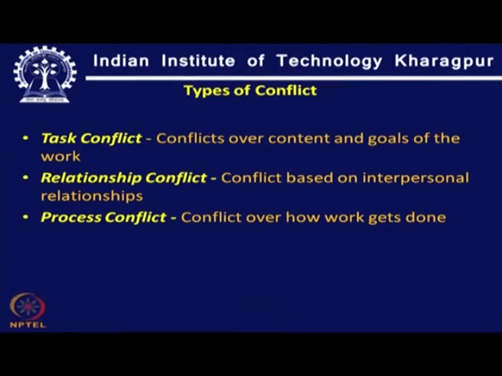relationships, and this may sometimes turn a functional conflict into a dysfunctional conflict, because due to our personal likes or dislikes with each other, of the persons involved in conflict, what starts is a situation of blaming each other for a particular situation, and the main issue of the conflict goes out of hand.